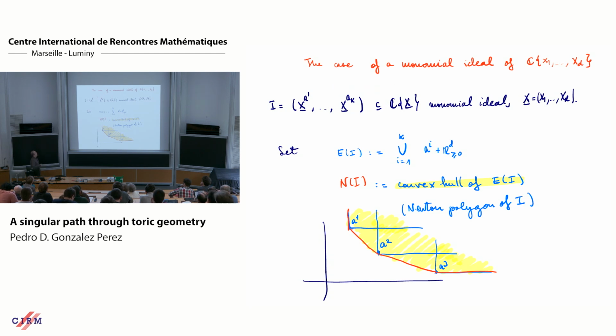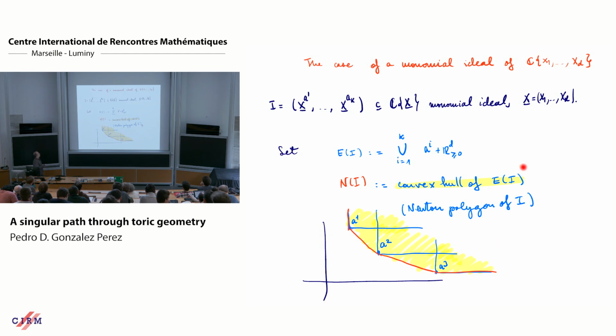In order to define the Newton polygon of the ideal, we take the monomials which generate the ideal, take the exponents, and draw them on the plane following this idea of Newton.